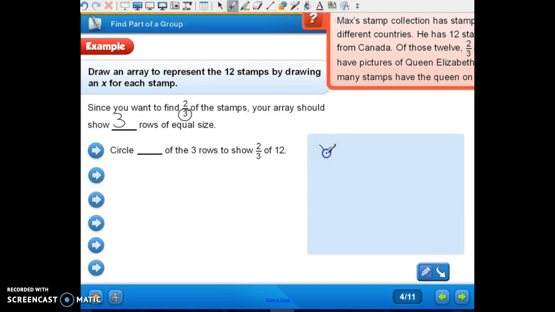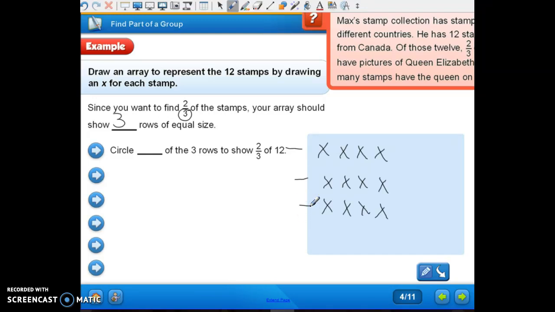So they said to draw X's. There should be a spot on your page to do this. So here's my 3 groups. I have 3, 4, 5, 6, 7, 8, 9, 10, 11, 12. Okay, there's my 12 stamps in 3 groups. Can you see that? Here's a group, here's a group, here's a group.